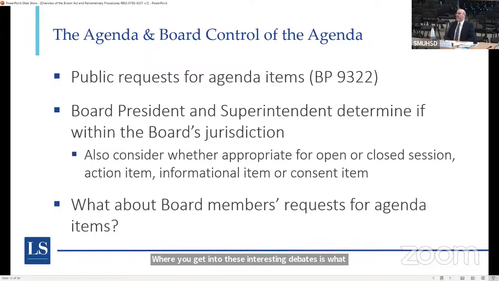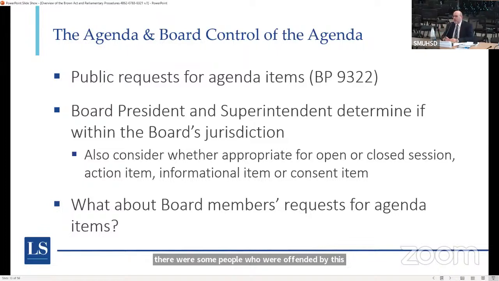And there's a great case that illustrated that out of San Jose Unified School District called the Mooney case, which really helped us because here's the fact pattern. A school in that school district had a diversity day, a rainbow day, and they did it at the school site. And there were some people who were offended by this because, for whatever reason, there are people out there who don't like diversity.